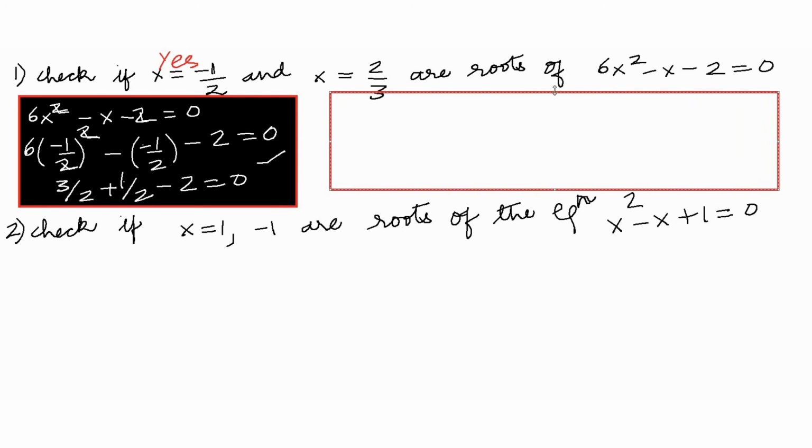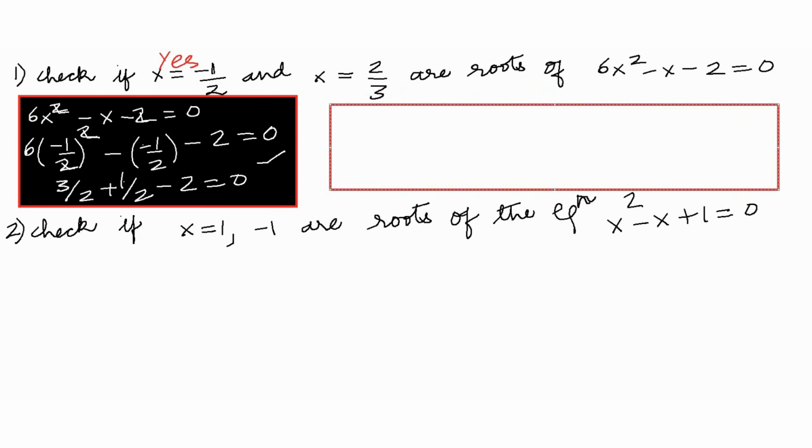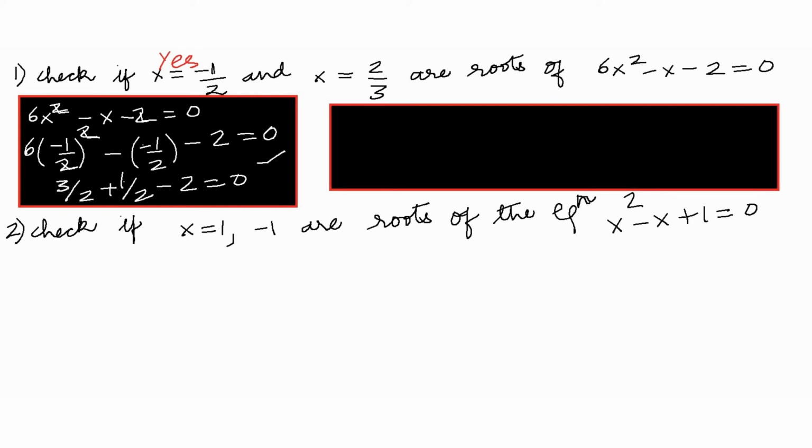Let us now try the second value of x that is given. X is positive 2 by 3, right? Let us substitute this value in the given equation. So 6 into 2 by 3 the whole square minus 2 by 3 minus 2. Let's evaluate this. This is 6 into 4 by 9.